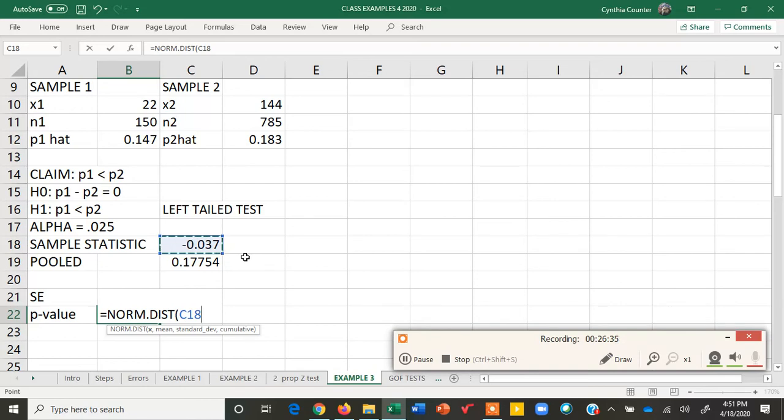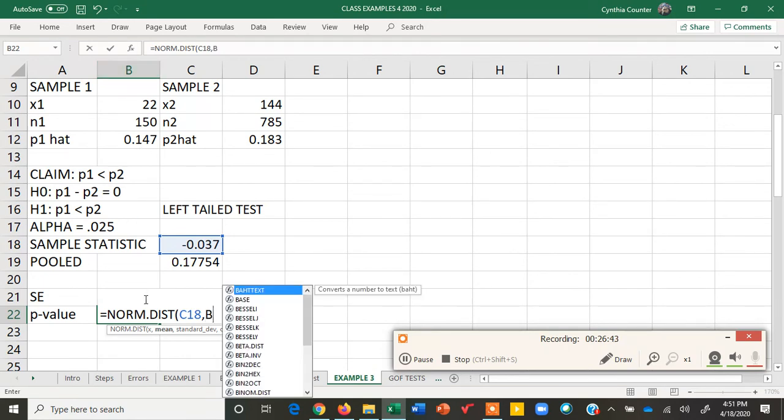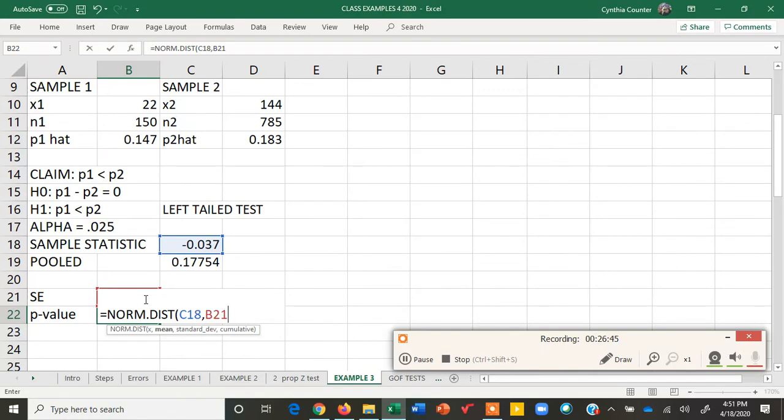All right, comma, the standard error, which of course is hidden, and that is in cell B21, comma, oops, sorry, got ahead of myself. The mean, I jumped to the standard deviation. The mean is next. And remember, the mean is a value in the null hypothesis. It is the assumption we are making in order to describe that normal distribution.